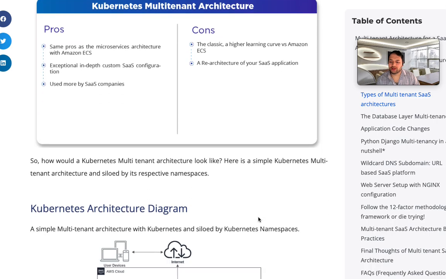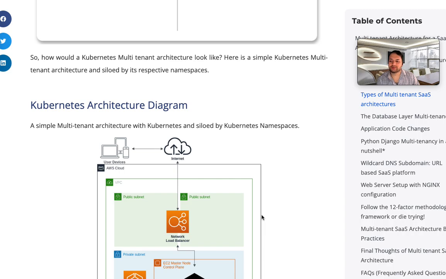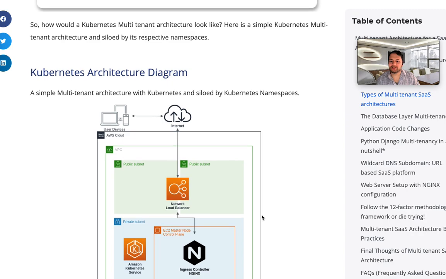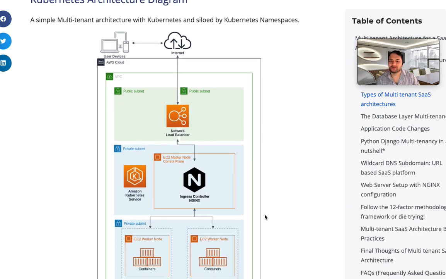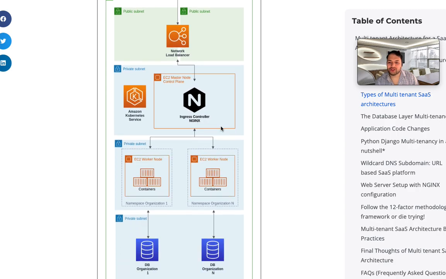So how would a Kubernetes multi-tenant architecture look like? Here's a simple Kubernetes multi-tenant architecture siloed by its respective namespaces. Let's look at that. So again, the internet is coming through our CloudFront to our network load balancer, which is now connecting to your Nginx ingress controller on your EC2 master node.